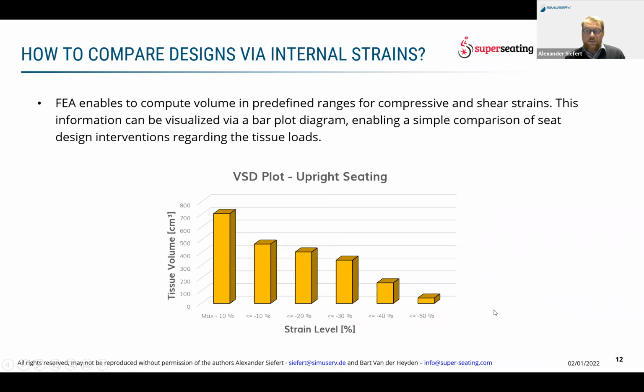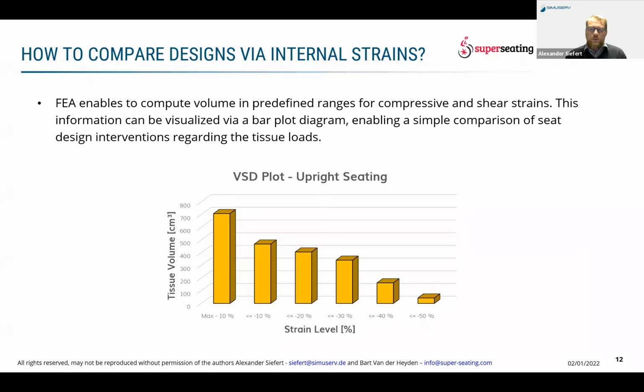So now you can assume if I do this bar plot for different designs, I can easily compare them to each other and say, okay, if I have a higher bar plot value in the risky area, then this design is worse than the previous one. And this is what we finally want to use for evaluation, not only looking at pressure maps and surface plots.